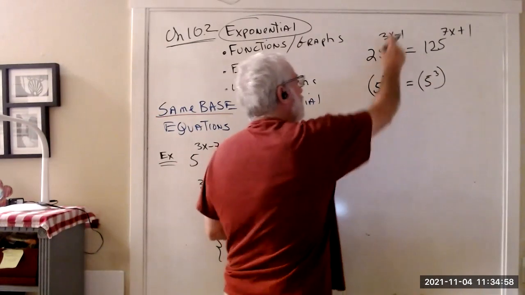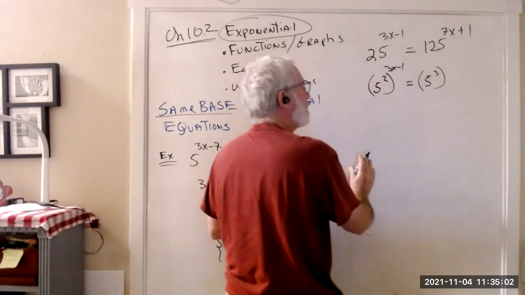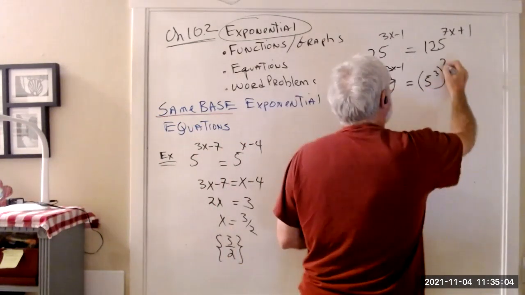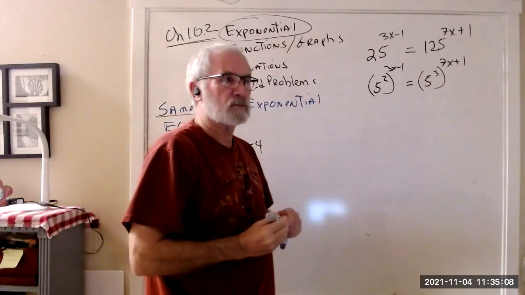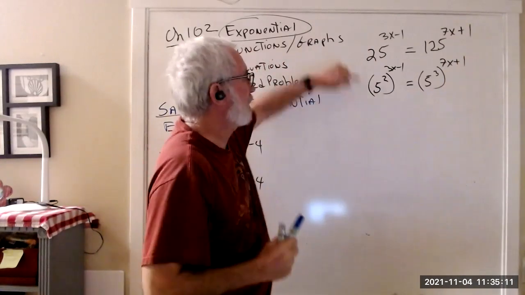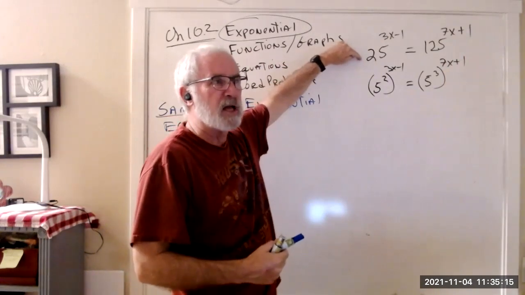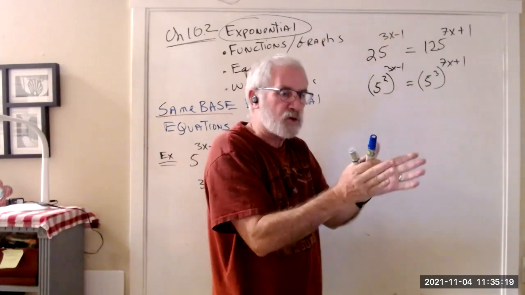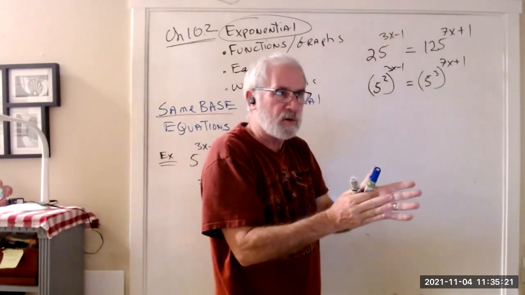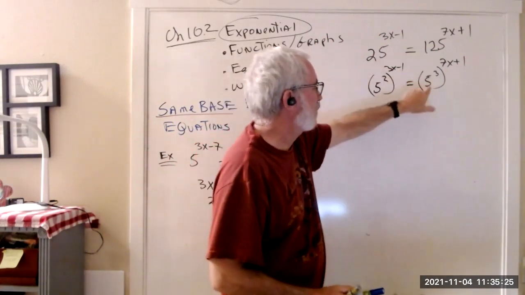So this problem is 5 squared to the 3x minus 1 equals 5 cubed to the 7x plus 1. The trick here is you have to look inside the bases and ask, can the two bases be reduced to something the same? 25 was 5 squared. 125 was 5 to the third.